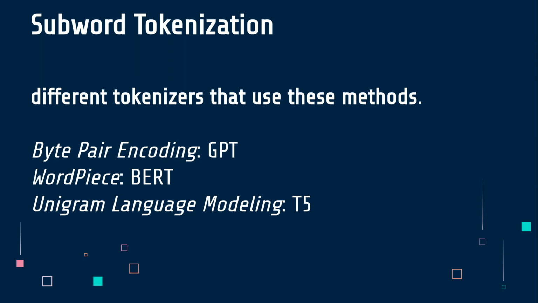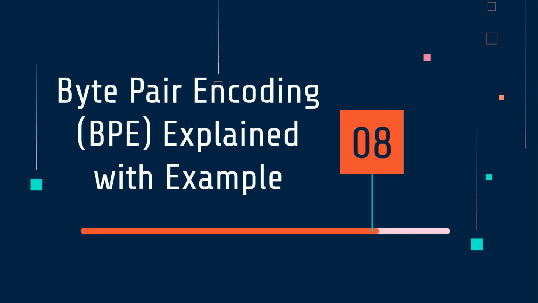They all use byte pair encoding, and it's the most popular one used by most language models these days for tokenization. Okay, so we have seen why subword is the best, but what is byte pair encoding really all about?